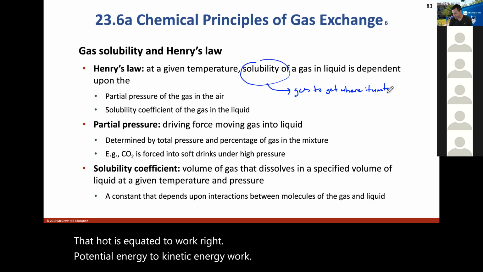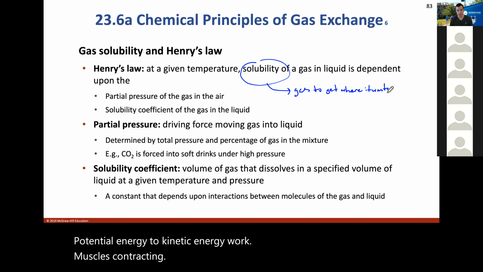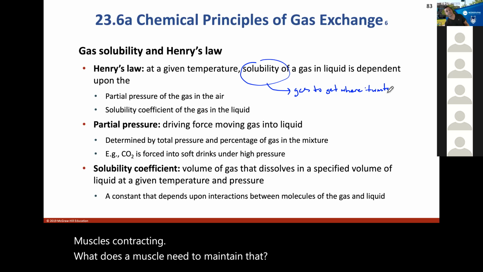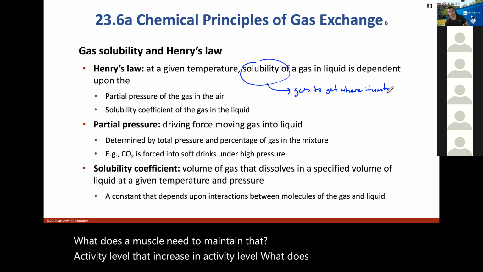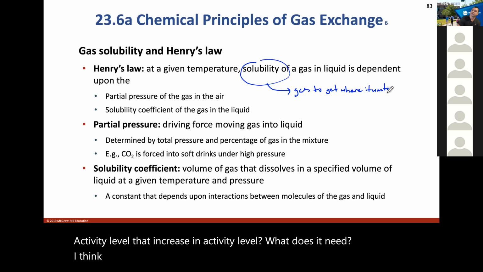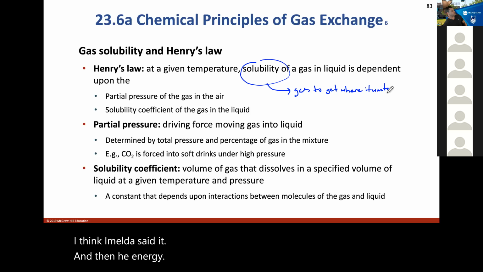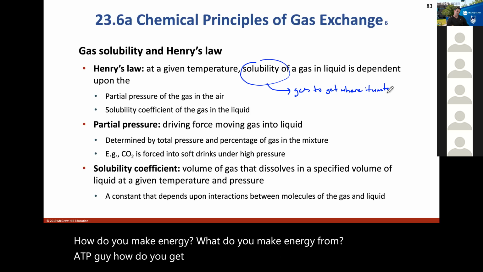Muscles contracting. What does a muscle need to maintain that increase in activity level? Energy. How do you make energy? ATP. How do you get ATP? With mitochondria.